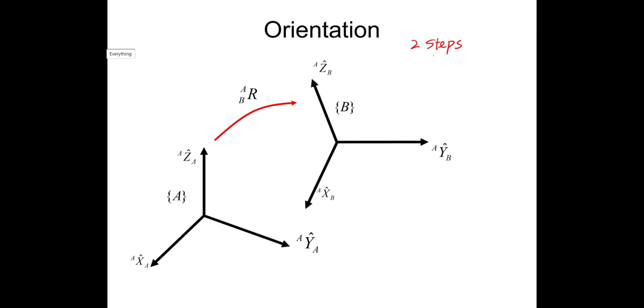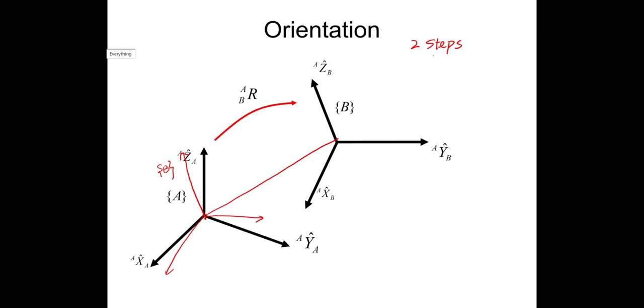The first step is that we need to rotate. Here we have the A-frame and the B-frame, so to achieve the B-frame, let's do the rotating first. We rotate it to the angle of B first, and then we move it to B.